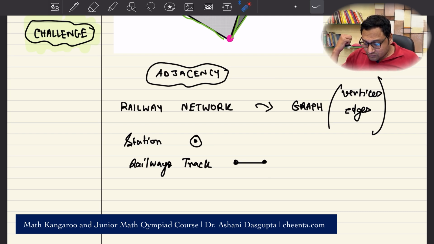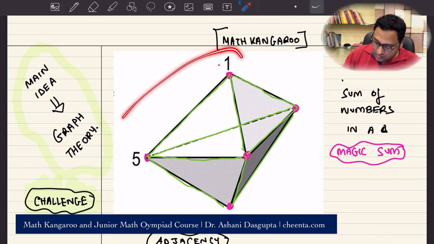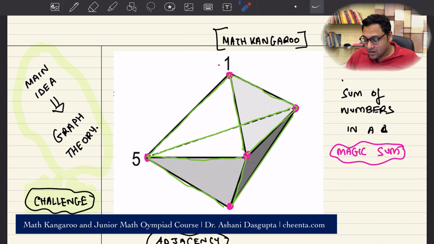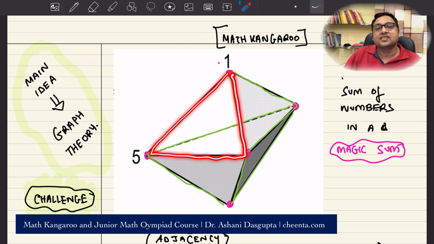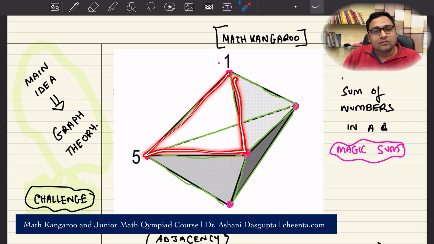So you can think of this as a solid object, which it is. You look at it, it looks like a solid object. But you can also think of this as a graph. Okay, does that help you in any way? Well, yes. Basically what it says is that every circuit, here the smallest circuit is a triangle.